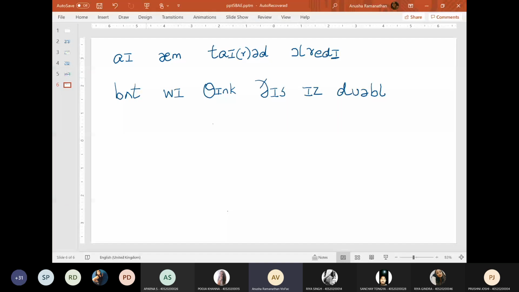Now? But we think this is doable. But I think, I hope so. Okay, so you are able to kind of contextualize and read and come out with all of this.